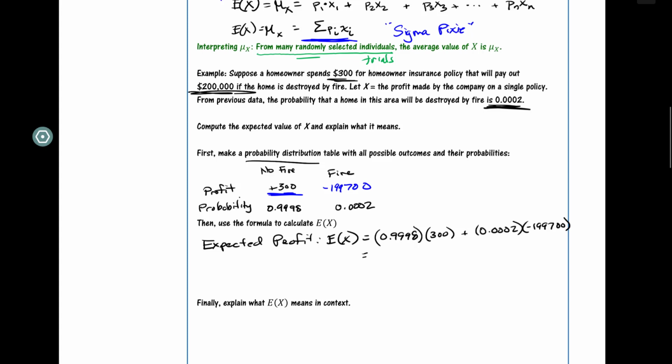How much is that in total? It is a positive $260. So that is my expected profit. So what does that mean?